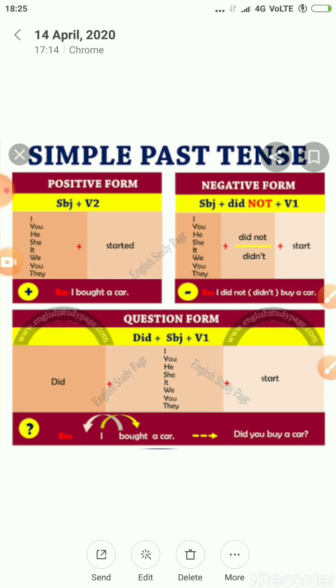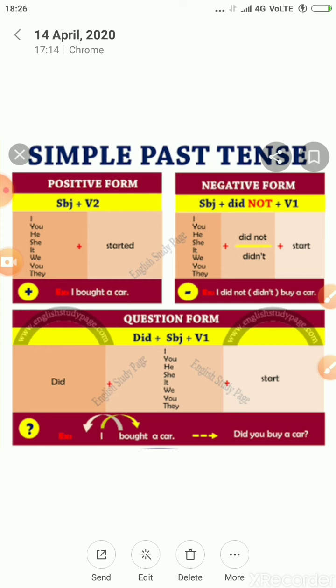So I hope this simple past tense will be easy for my class 8 true blue and bona fide students who are going through my videos and giving deep consideration to understand what simple past tense is.